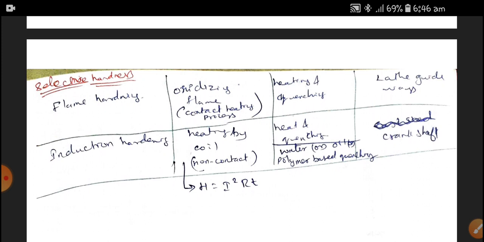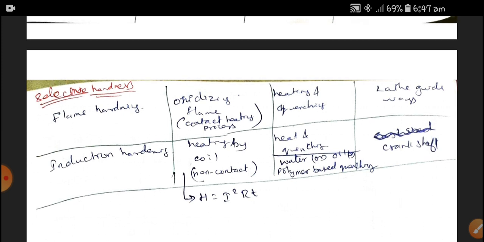We know that in the oxyacetylene gas treatment process, we can produce three flames: oxidizing flame, carburizing flame, and neutral flame. We are using the oxidizing flame for producing high temperature. Here, the heating process is in contact.